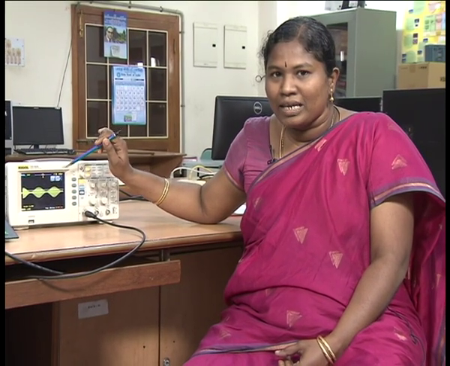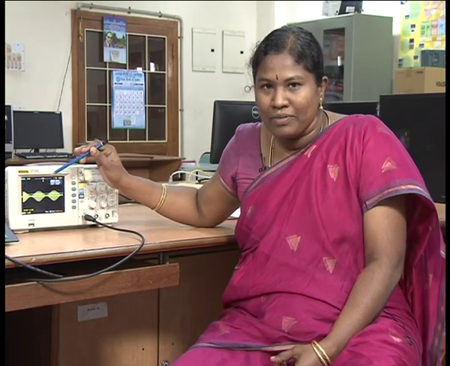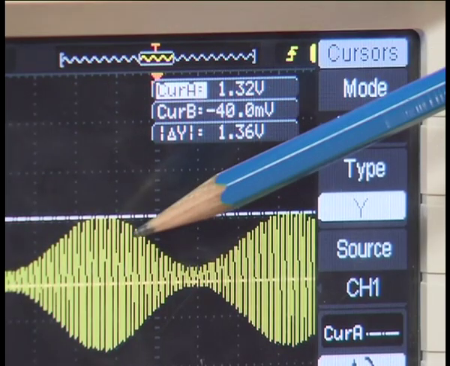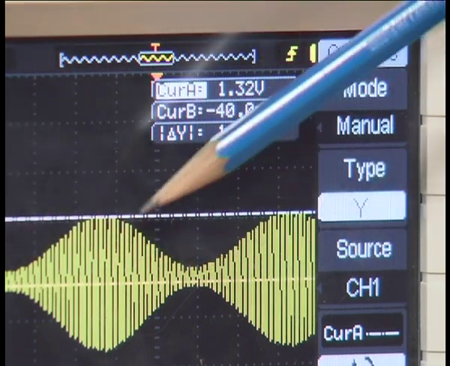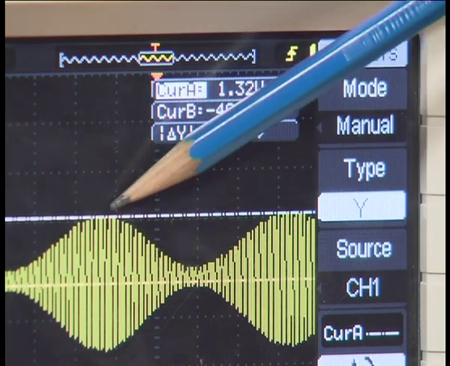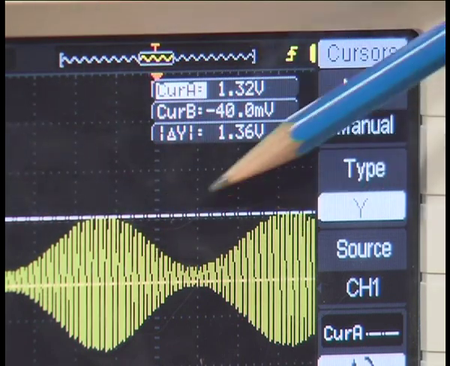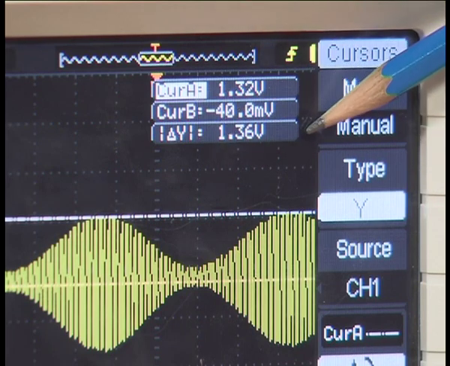We will be calculating the modulation index for the modulated waveform we have got. We have to measure the maximum, that is A max, and the minimum value. From A max and A min, we use the formula that we have shown in the PPTs: A max minus A min divided by A max plus A min equals the modulation index mu. For this particular waveform, you measure A max as the height of the modulated waveform from the baseline. When you place the cursor at the highest value, you get the max delta y as 1.32 volts.